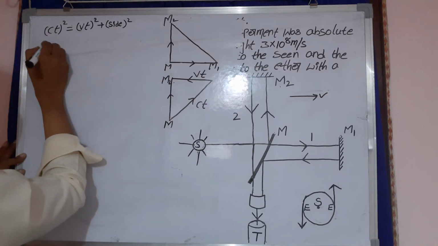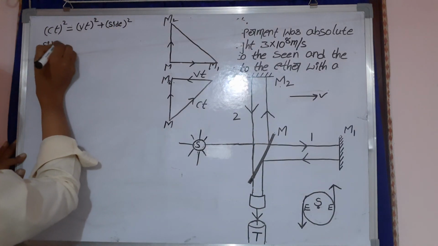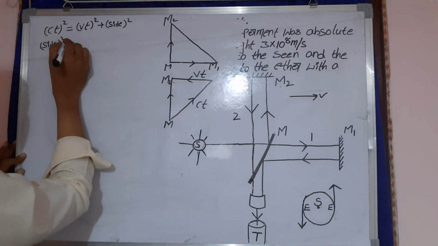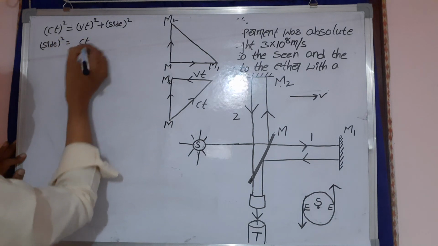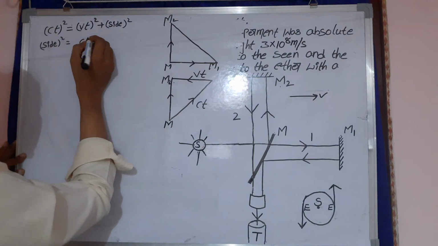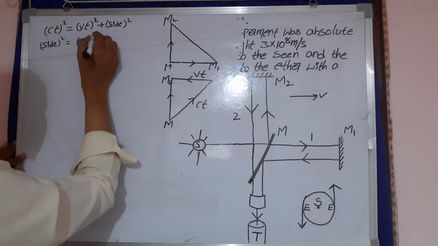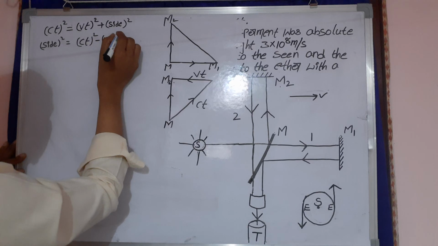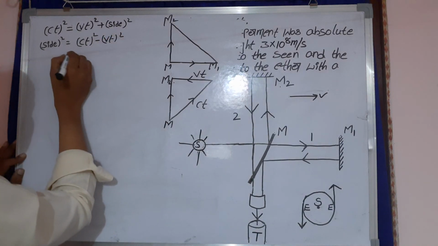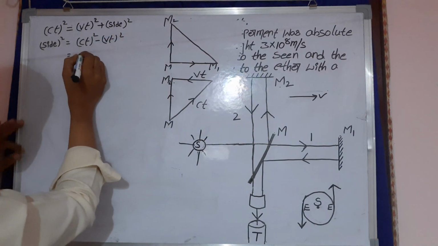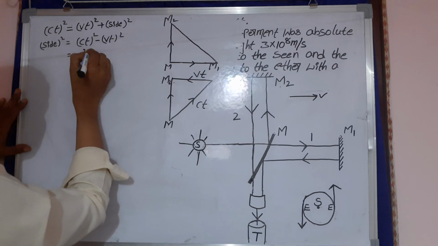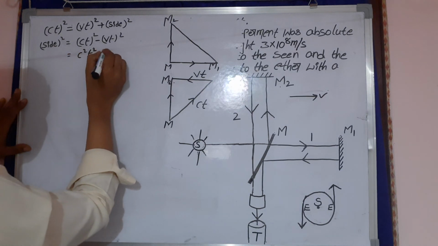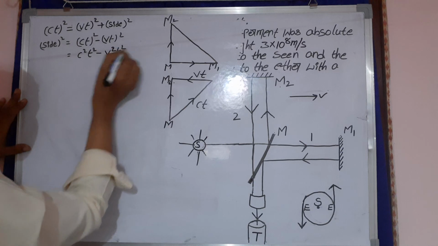So the side square equals ct square minus vt square, that is c square t square minus v square t square.